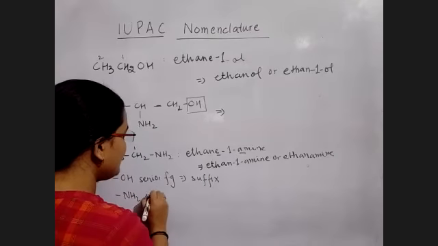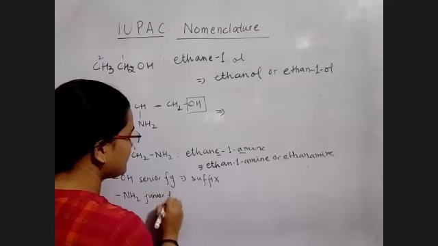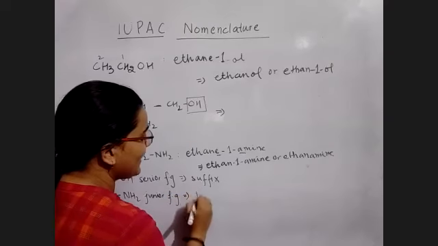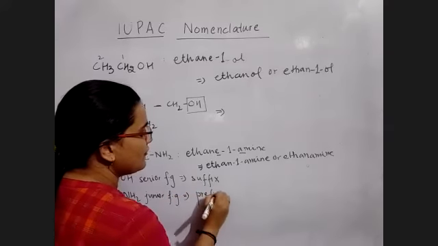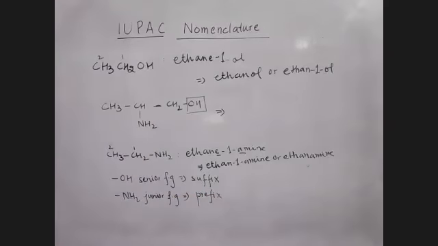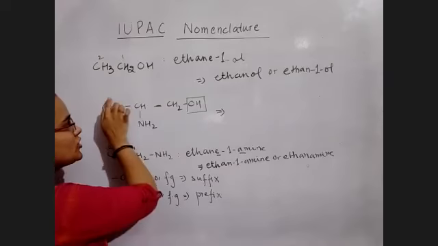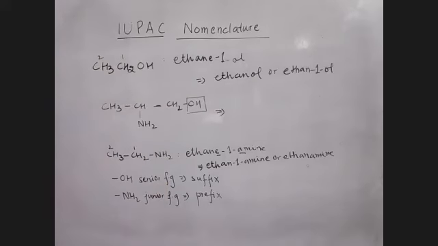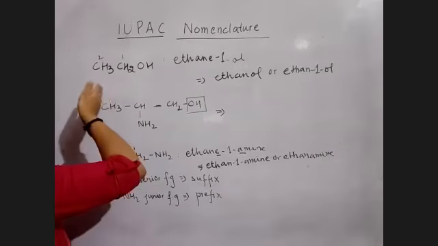For the junior functional group, we'll write down the prefix. So this junior functional group is acting as a side chain. Now tell me, numbering will start from which side? 1, 2, 3 or 1, 2, 3? How will the carbon atoms be numbered?